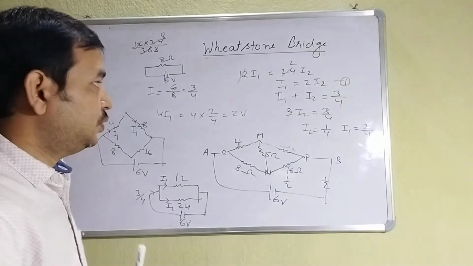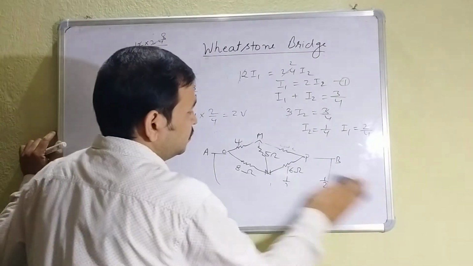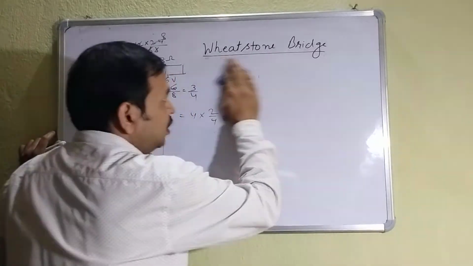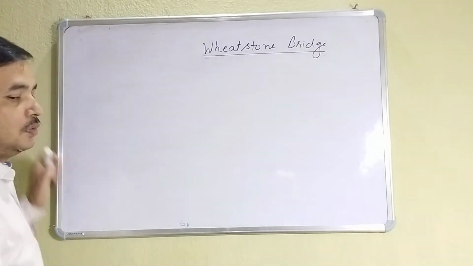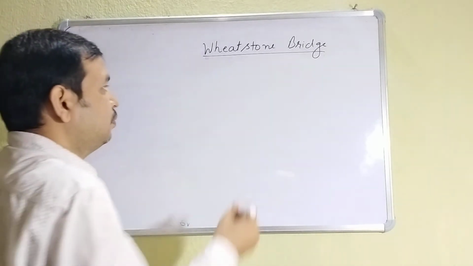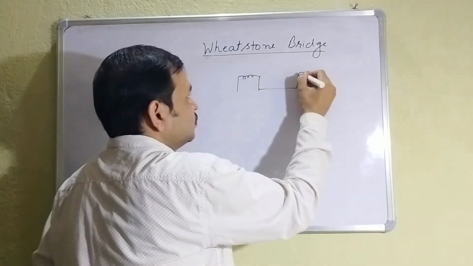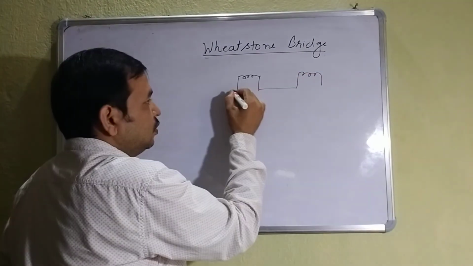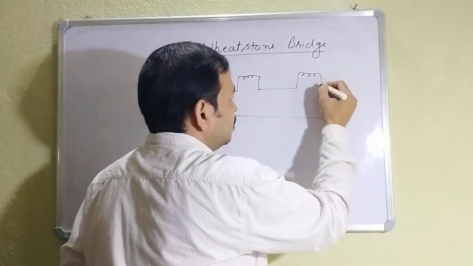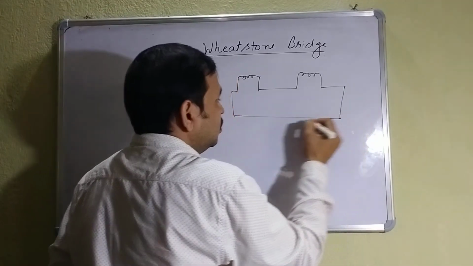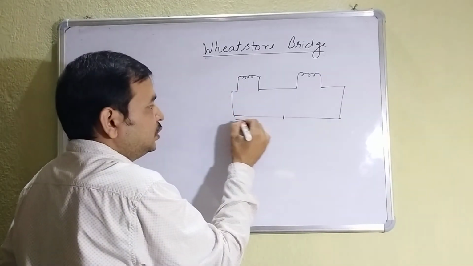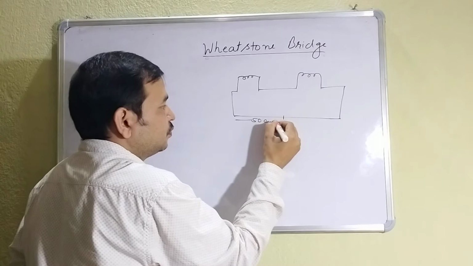Here, for meter bridge, I am solving 2 questions which are based on Wheatstone bridge only. Suppose we have 4 resistors like this, 2 resistors and 1 wire. Now this is 50 centimeter.